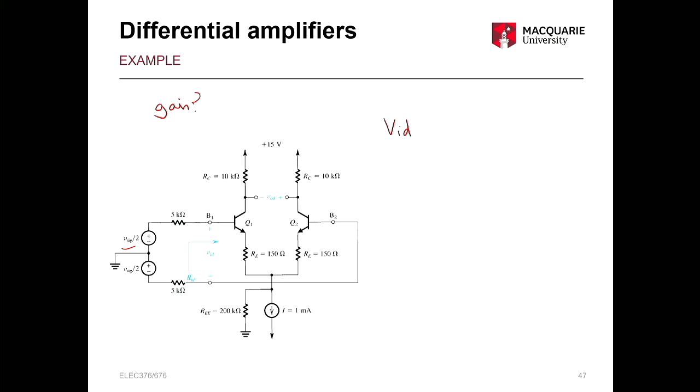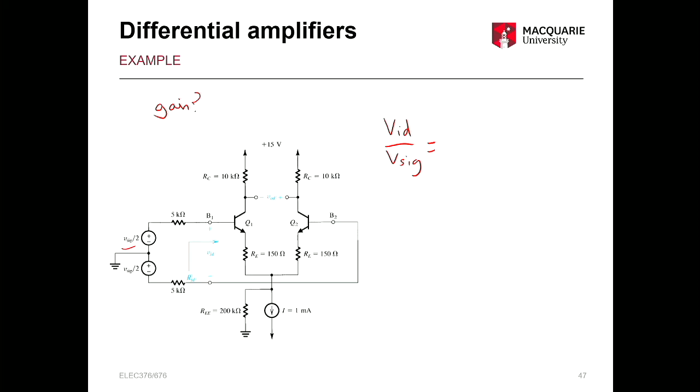That's VID, our actual base input, and Vsig is our source. If we're interested in the gain, we can just look at the ratio between the resistances seen in that part of the circuit. Okay, so that's the quickest, easiest way.